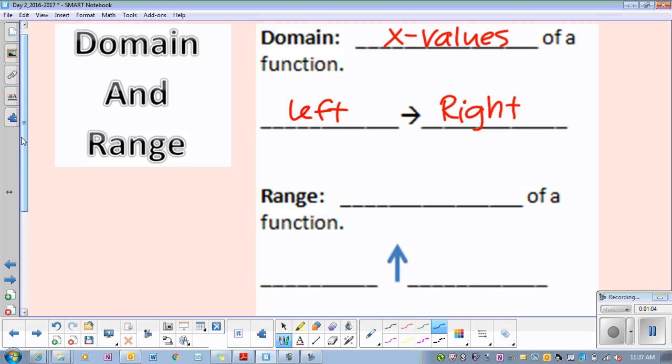Maybe an arrow on the left side. Sometimes it is pointing straight to the left, sometimes down, sometimes up. But either way, if you have an arrow on the left side, where's that headed? Left. Left to where? Where do you go when you go all the way to the left? Negative infinity.